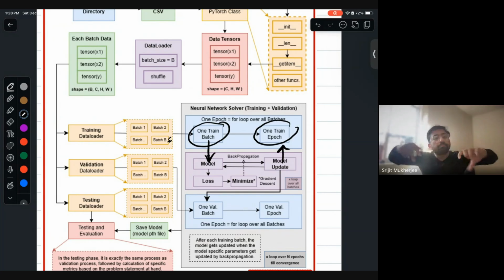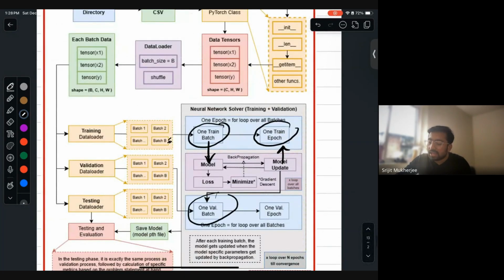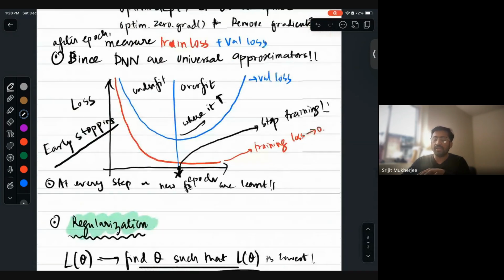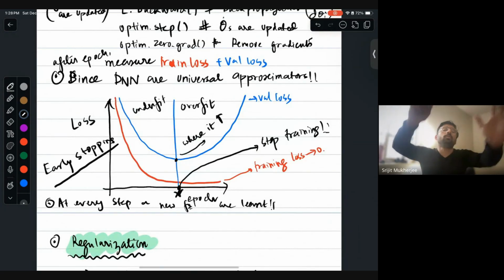This happens hundreds and thousands of times, and at every epoch, we also calculate the validation loss. Then we look at this diagram, and wherever it starts increasing, we stop.